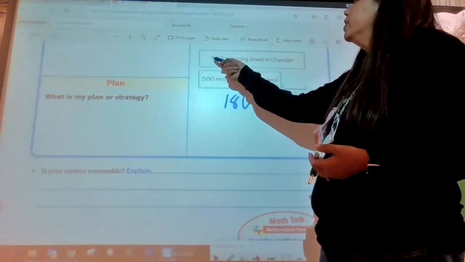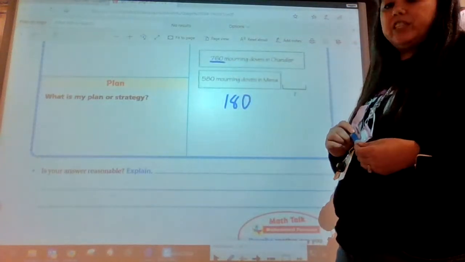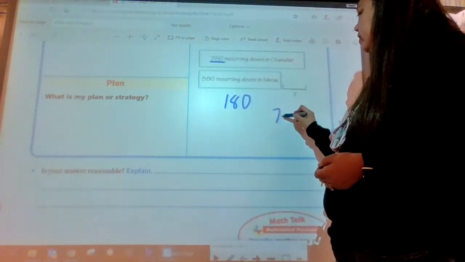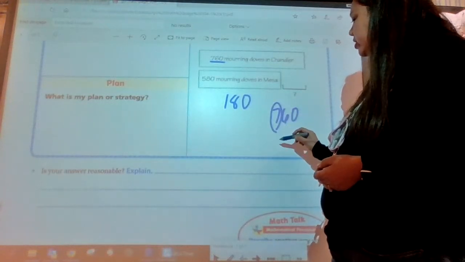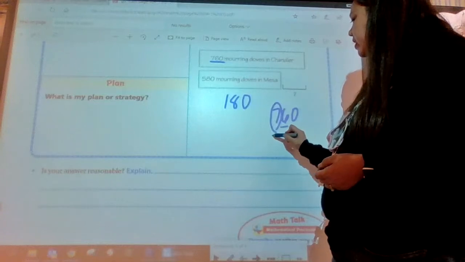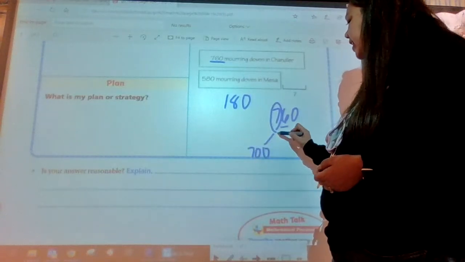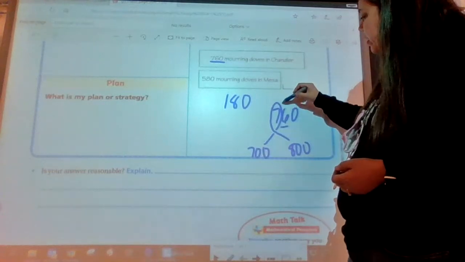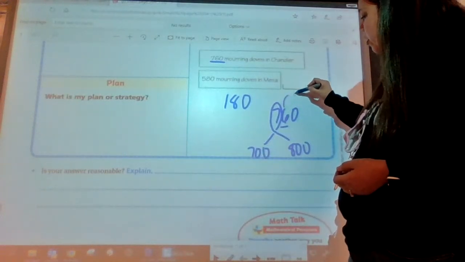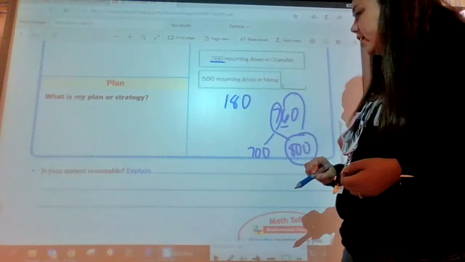Well, if the total is 760, if I rounded that to the hundreds place, okay, that's between 700 and 800, then this tells us it's going to round to 800.